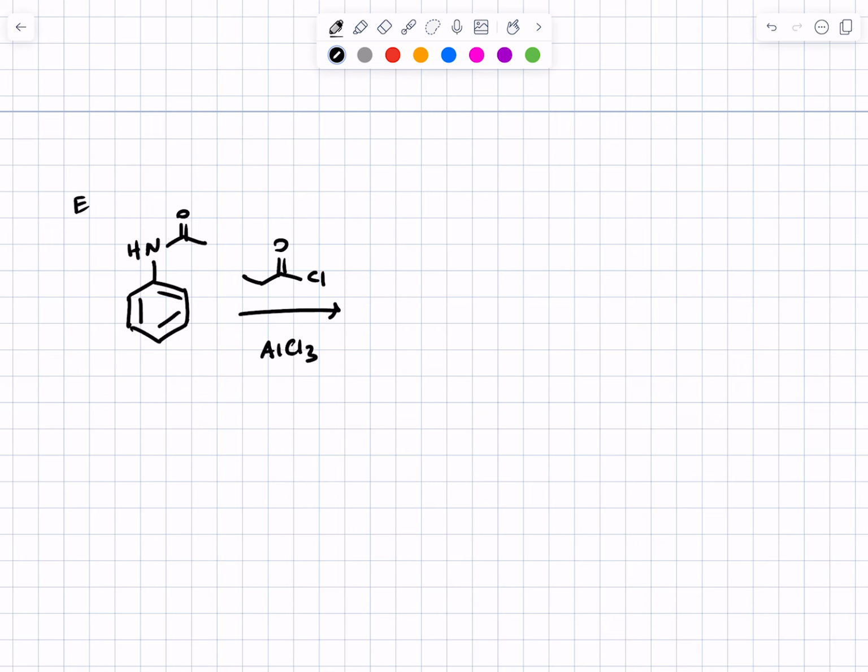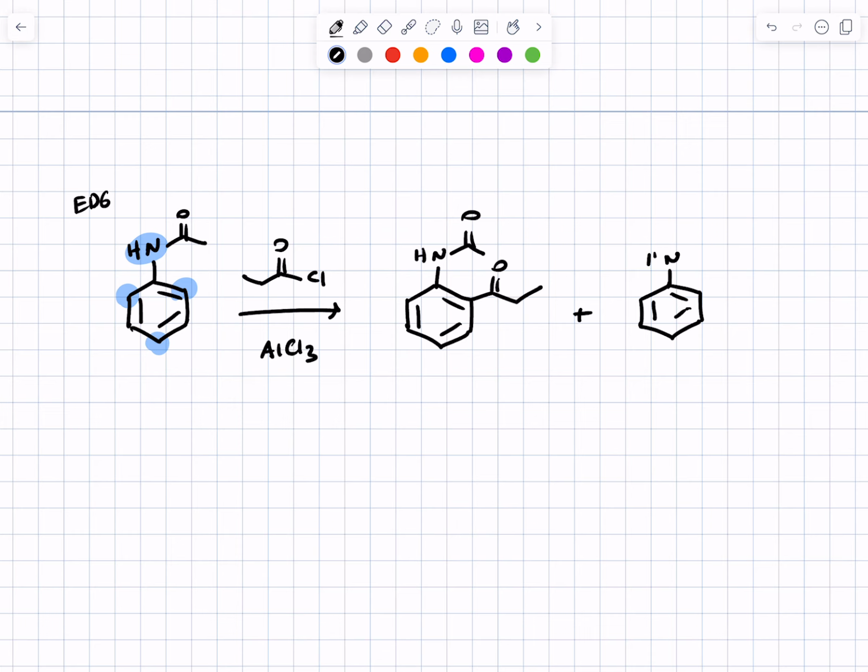That is an electron donating group by resonance. Accordingly, it is an ortho and para director. So I'll use color blue to highlight the ortho and para positions. So you predict that the next reaction is going to put the acyl group on the ortho carbon or the para carbon, but not the meta carbon.